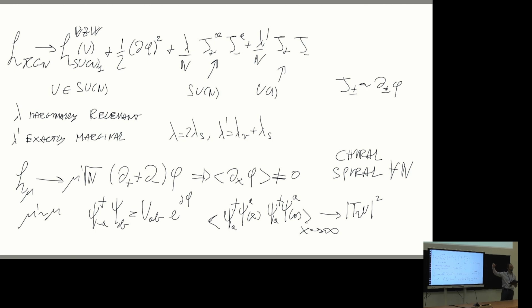You can forget all the massive states, and then you get this modulation, cosine of 2 mu prime x, which is this chiral spiral we were talking about. And then we have the power-like behavior of the vertex operators here, which is x to the 2 over n minus 2 over n.